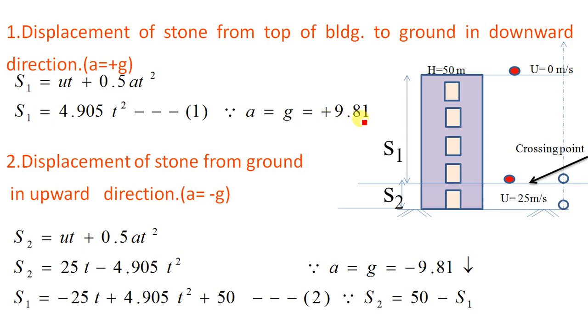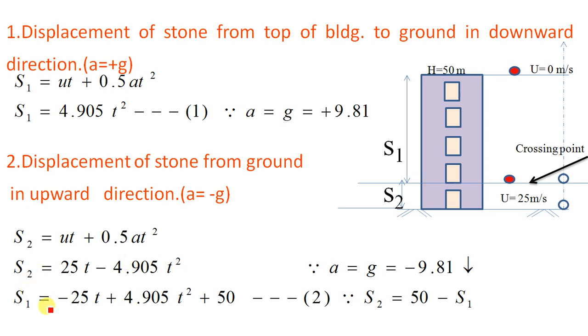Now the displacement of the stone from the ground in the upward direction: a is equal to minus g, because the stone is thrown in an upward direction. So s2 is equal to ut plus 1/2 at square, so s2 is 25t minus 4.905 t square.